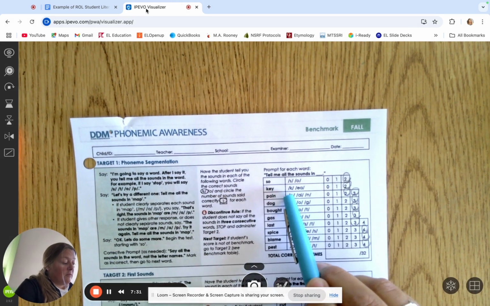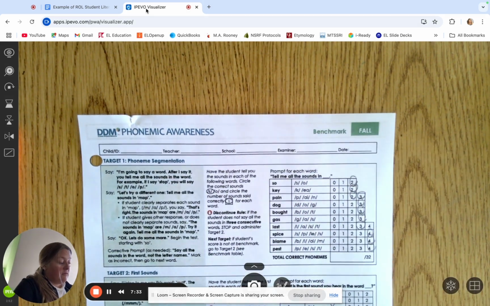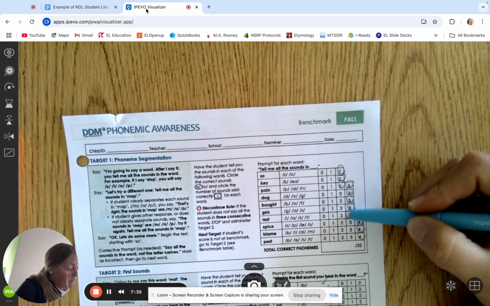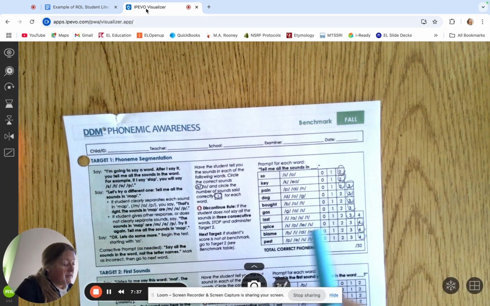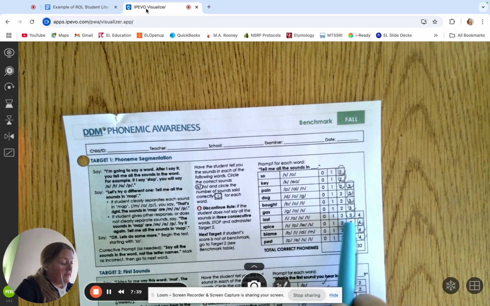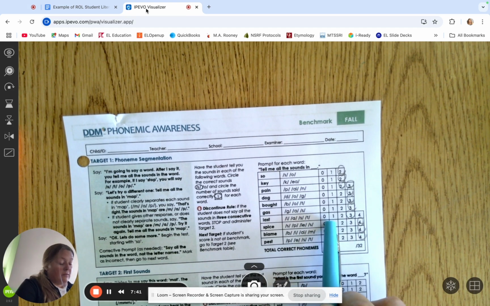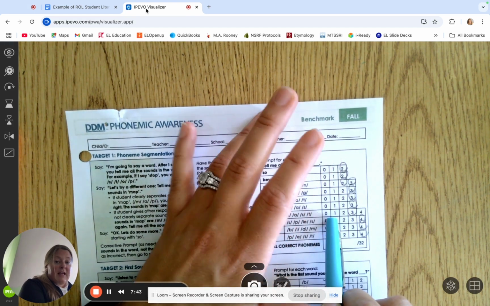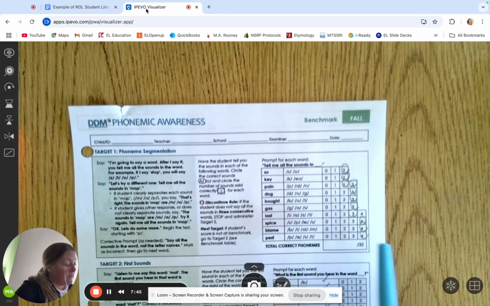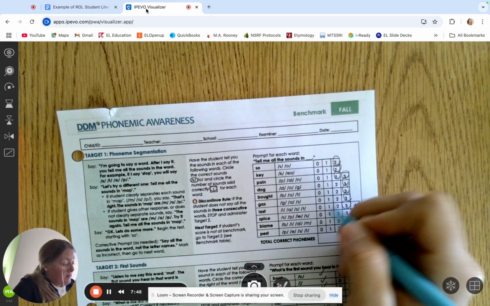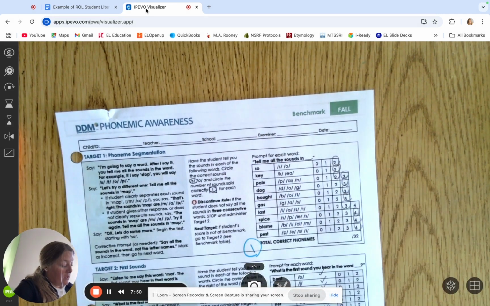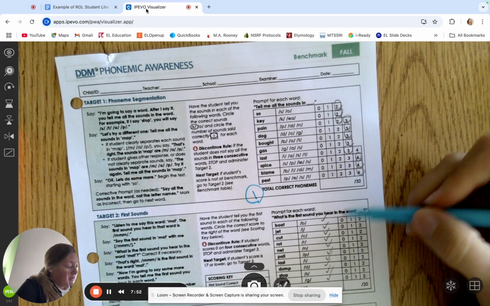The student was able to tell me k, e. So all of these were correct, except last. The student said there were 3 sounds in last. So he probably did something like asked and kept those 2 together. So there's 1 incorrect here. So that's pretty good, actually.